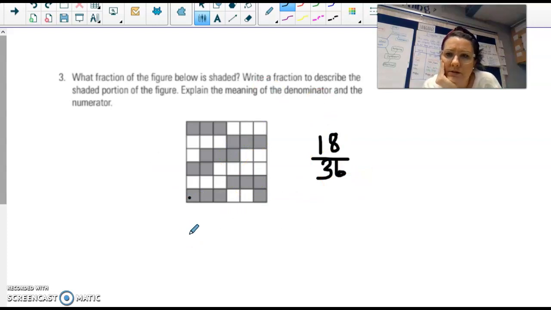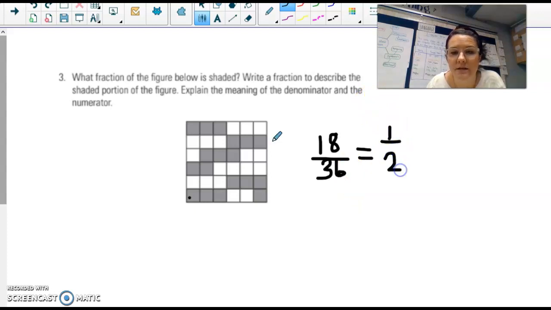I'm also noticing that 18 is half of 36. So what's another fraction that we could write to represent this figure? 1/2. If I were to put all of the shaded squares together, I would notice that it would cover 1/2.